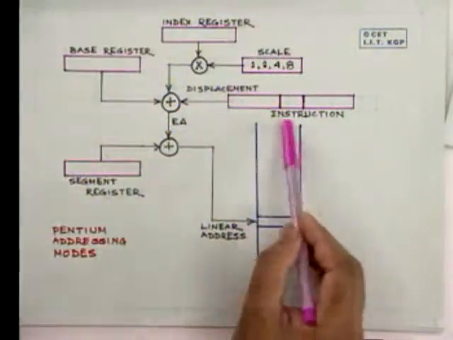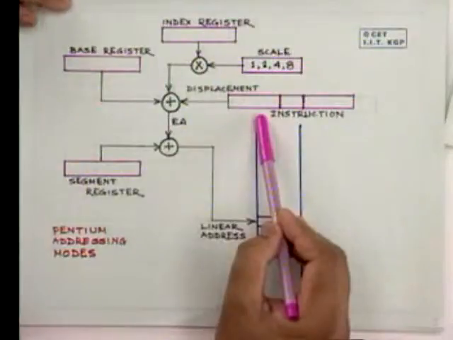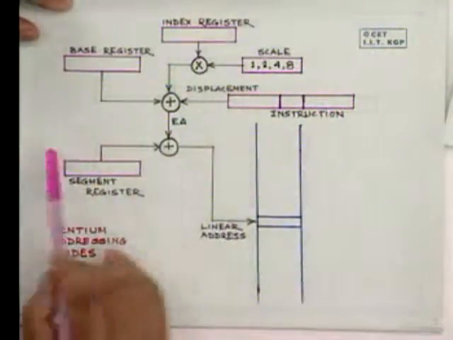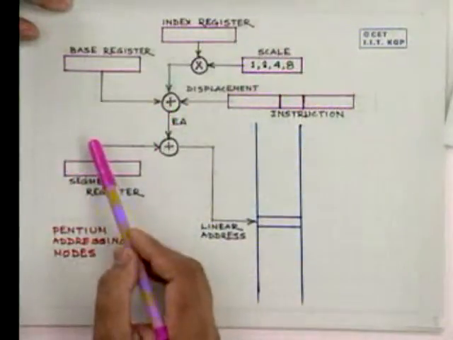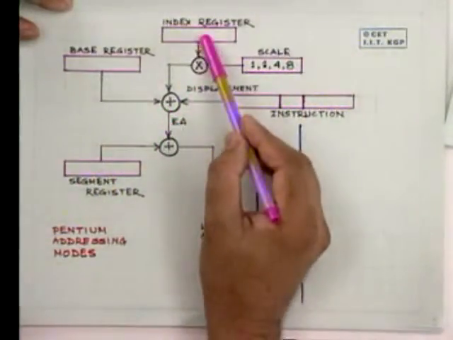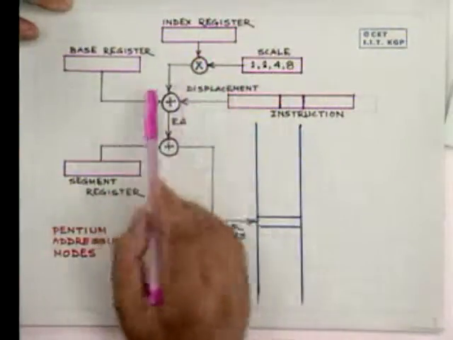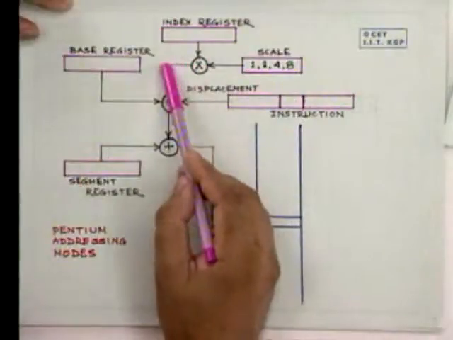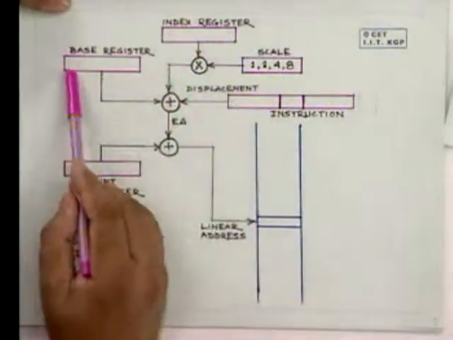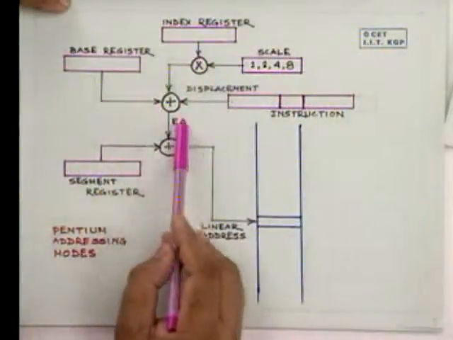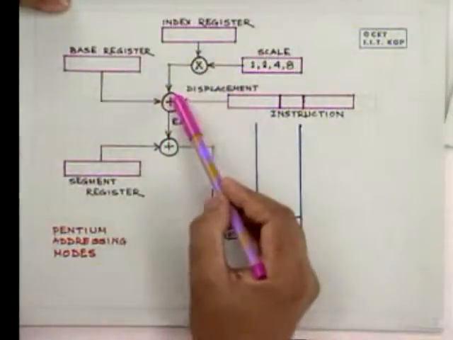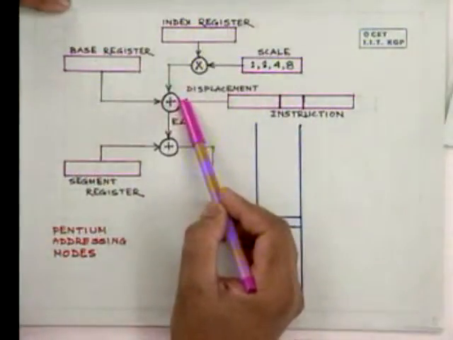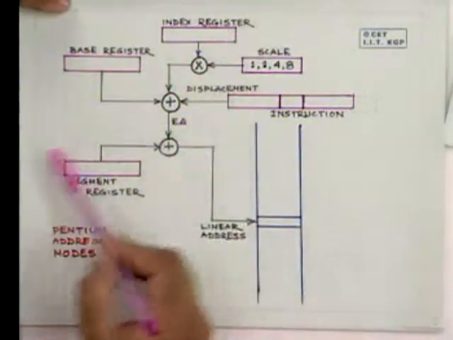This is one instruction that is being executed. Then the effective address can be generated: you take the content of the index register, multiply it with any of the scale factors, and add that to the base register to get an effective address. Now, the displacement from the instruction can also be added to get that effective address.